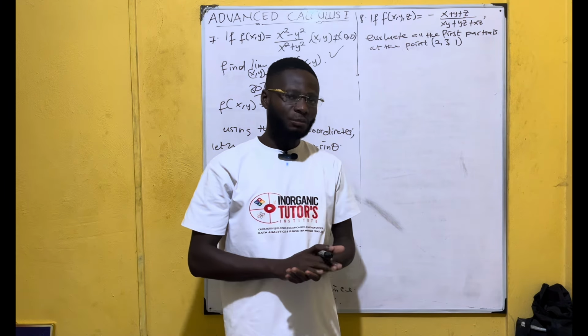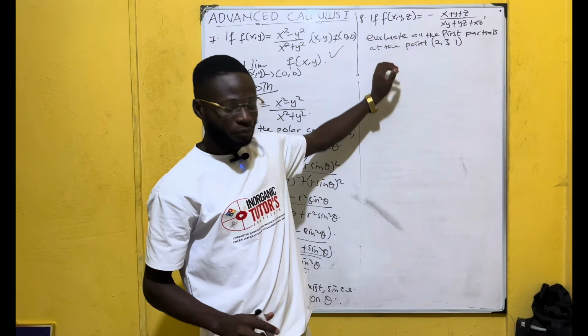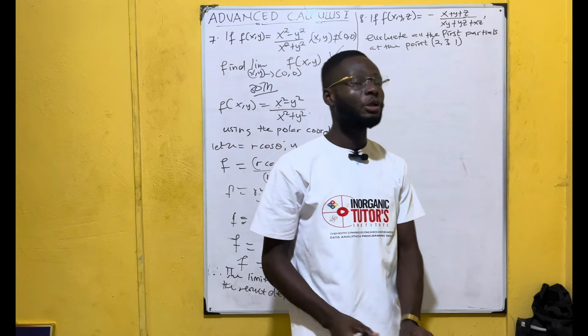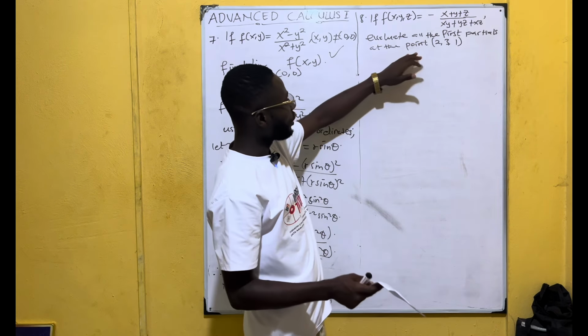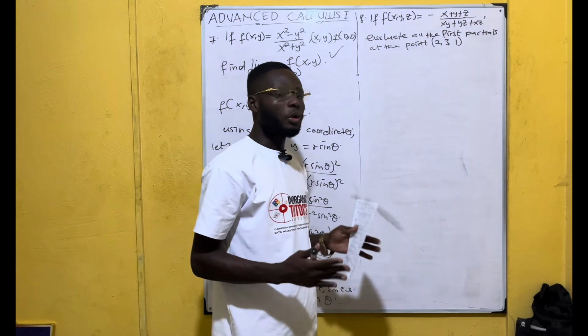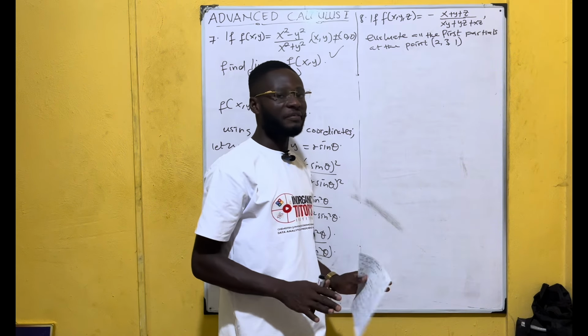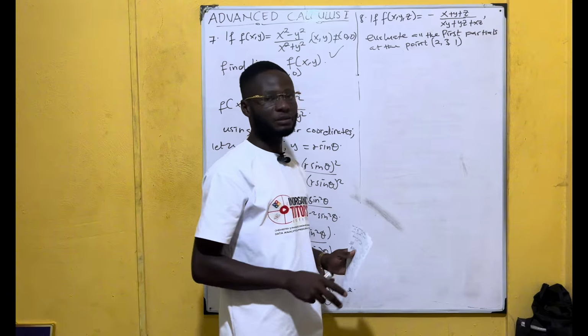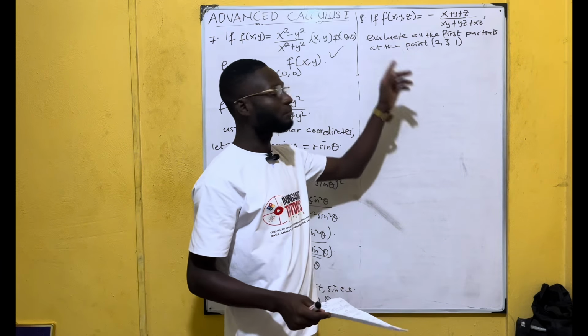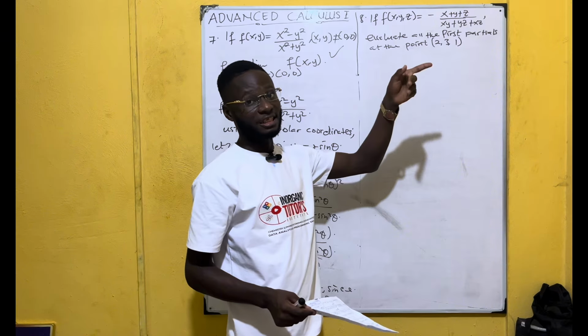Now, let's move on to question number 8. With question number 8, we have been given this function, all right? And we want to find all the first partials given this particular expression. And you know that we have multiple variables, x, y, and z.